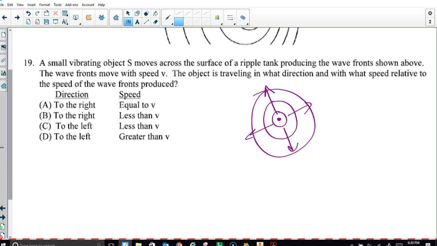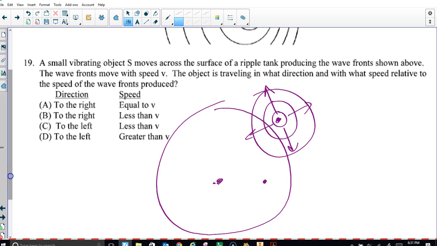But what if the object itself is moving? Well, what that means is that the crest that it emitted when it was, say, back here has now gotten bigger and is, say, like this, but it's still centered around where it was back here. And now it's here.